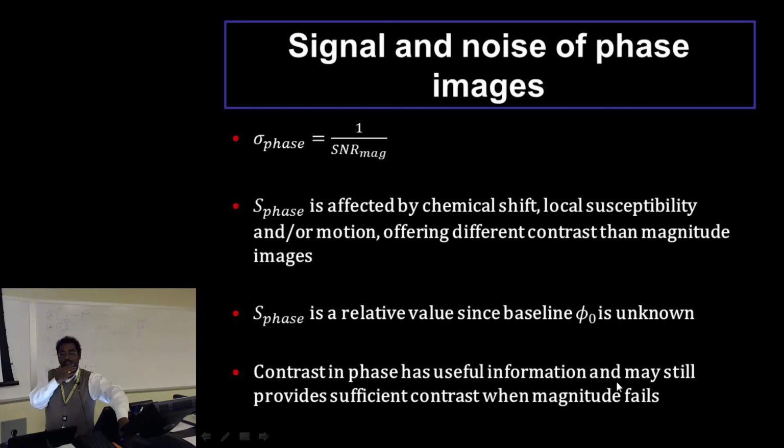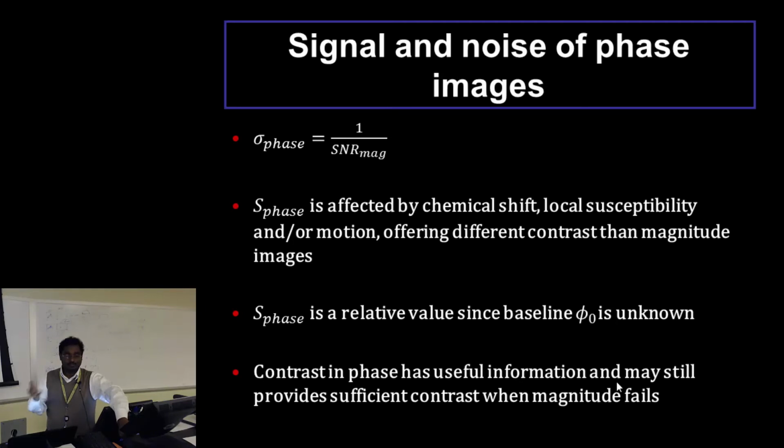Now, in all the discussion that we had so far, we've assumed ideal experimental conditions. Like I said, if the conditions are not ideal, for example, if the field is not homogeneous, you will have phase effects coming into the picture, meaning your phase would be finite, it's not zero. So you will see that some of the tissue properties can be reflected in phase.